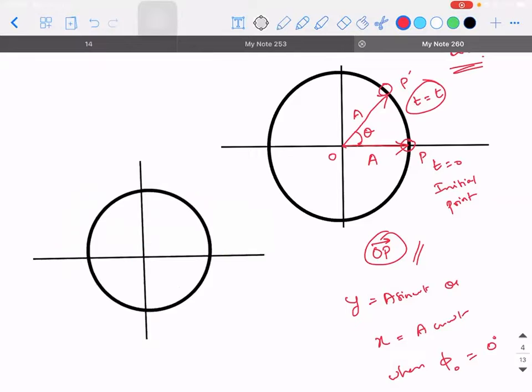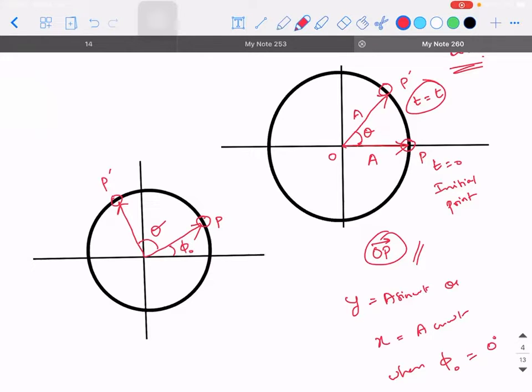Suppose the particle, instead of starting from the x-axis, had started from this point. If I call this point P, and let's say it has made the same rotation to P dash, then it will be something like this, no? Where I'm calling this angle also theta. But the important point to be noted is, here it is phi naught.